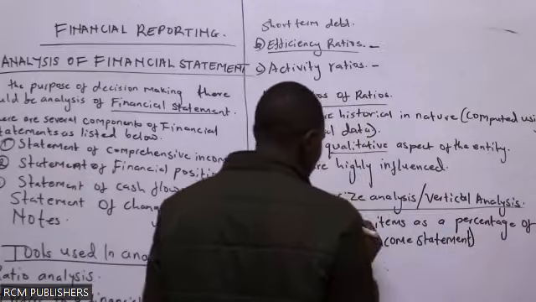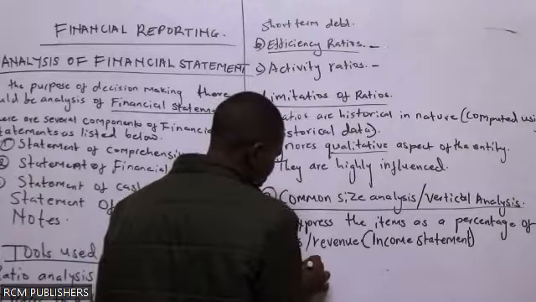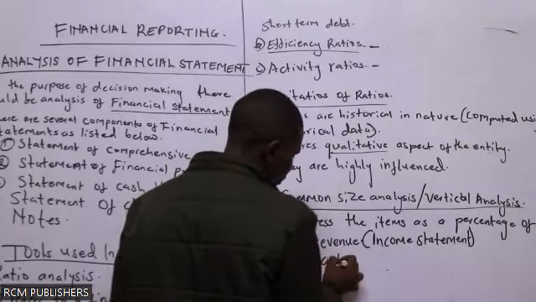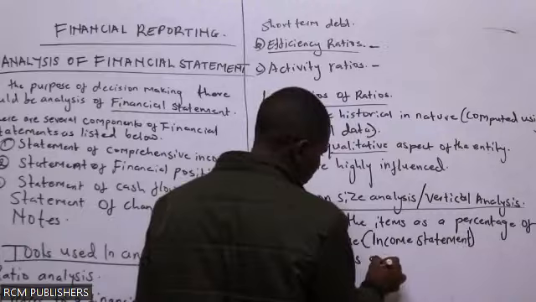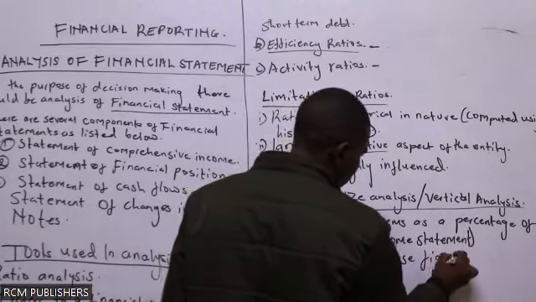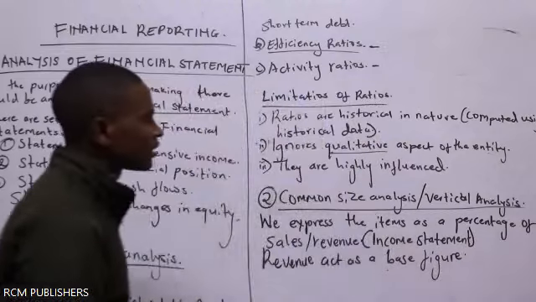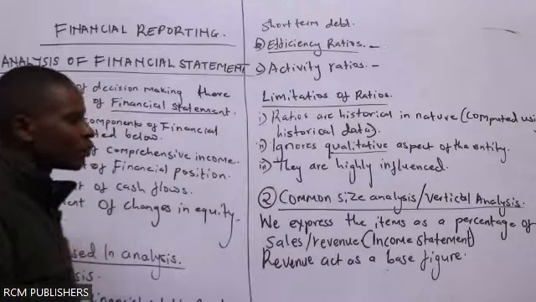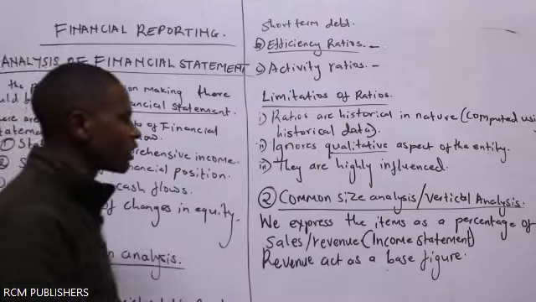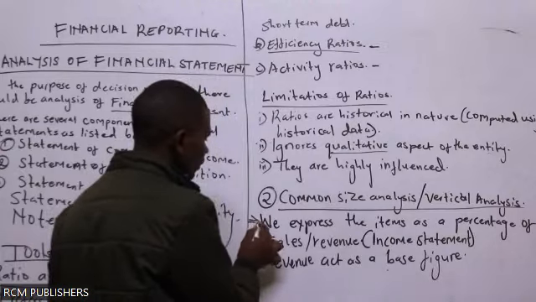The revenue in this case acts as a base figure. So we express the items as a percentage of sale. We express the items as a percentage of sale in regard to what?